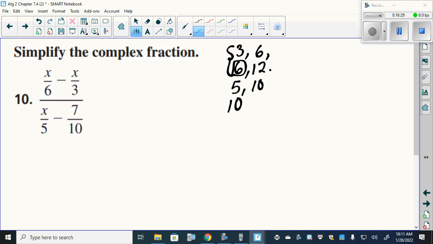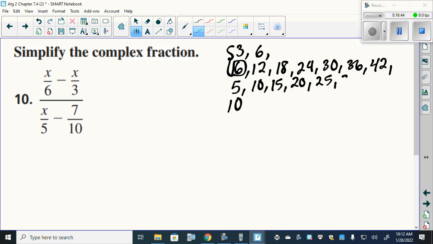But let's actually go 12, 18, 24, 30, 36, 42, and we'll stop there. Here, 5, 10, 15, 20, 25, 30, 35, 40.